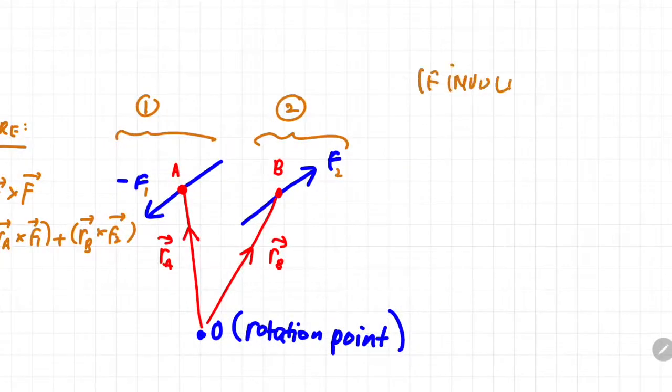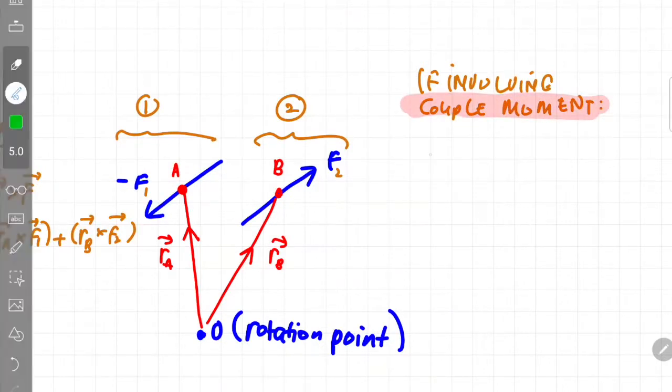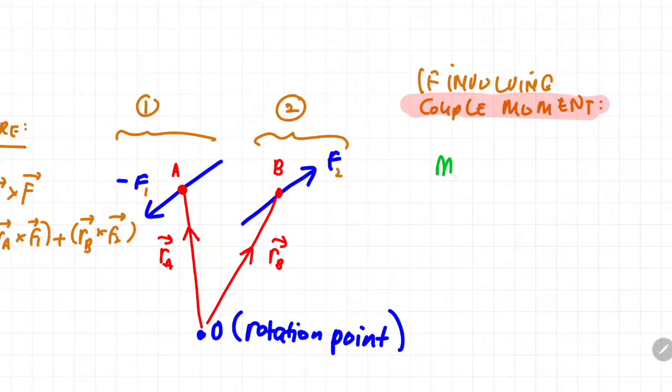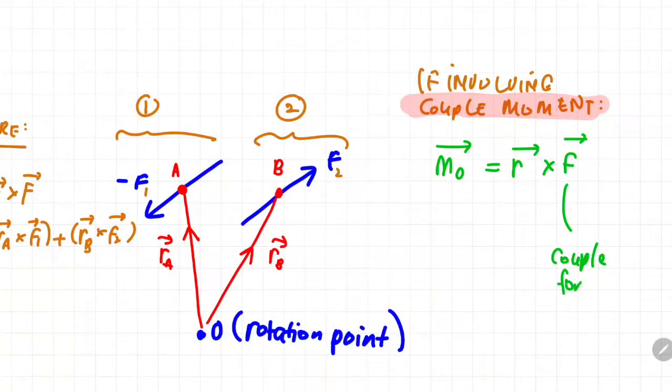Okay, when your calculation involves a couple moment or a couple force, then you can actually simplify the vector equation to become the cross product of R with F. The F is the vector of the couple force, and R this time around is the position vector from one line of force to the couple punya line.